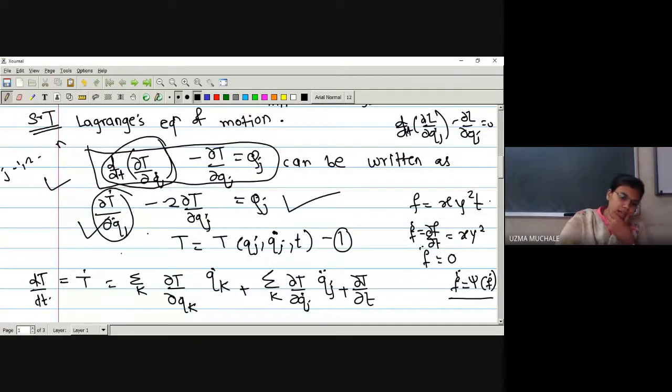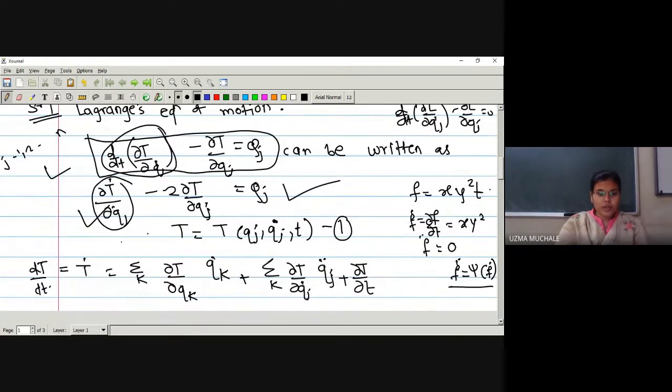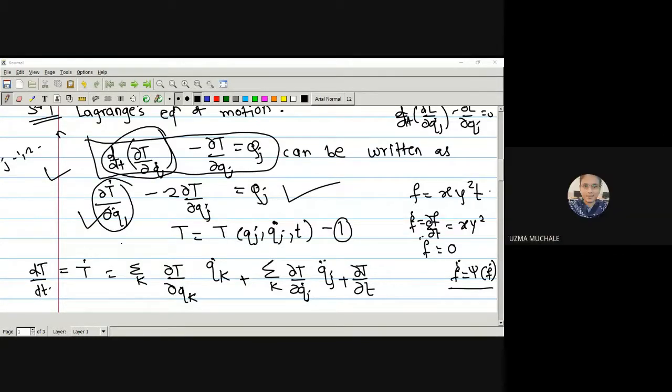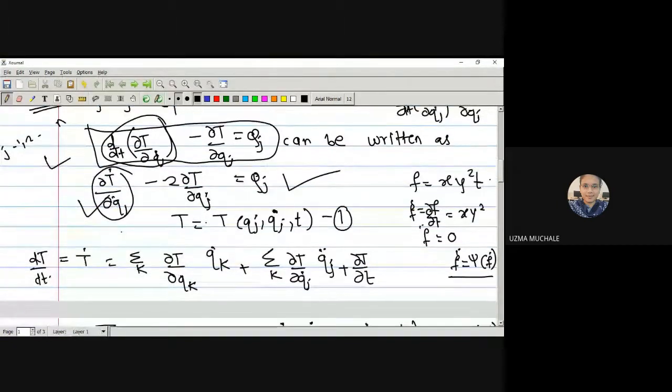For that, first we have T is a function of qj dot and t, because generalized kinetic energy is a function of generalized coordinate, generalized velocity, and time t. So first you have to differentiate T with respect to t itself, that is, we have to find T dot. And then we have to find the next terms, that is dou T dot by dou qj dot.